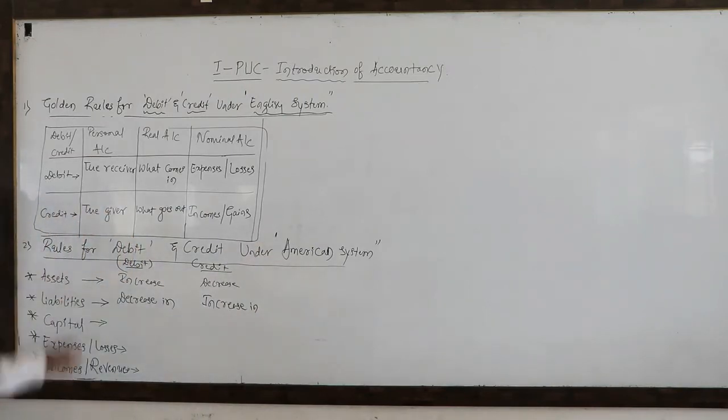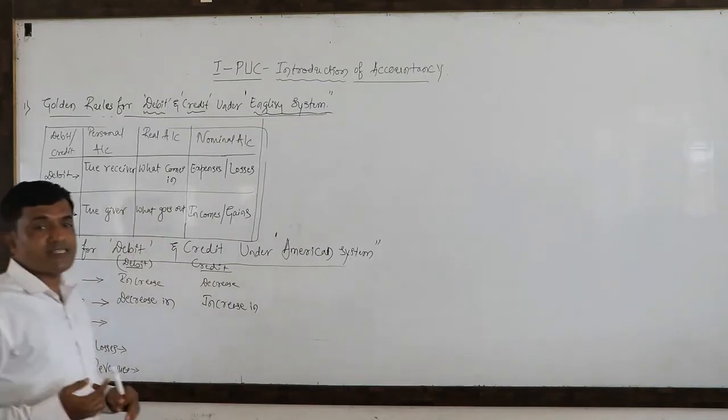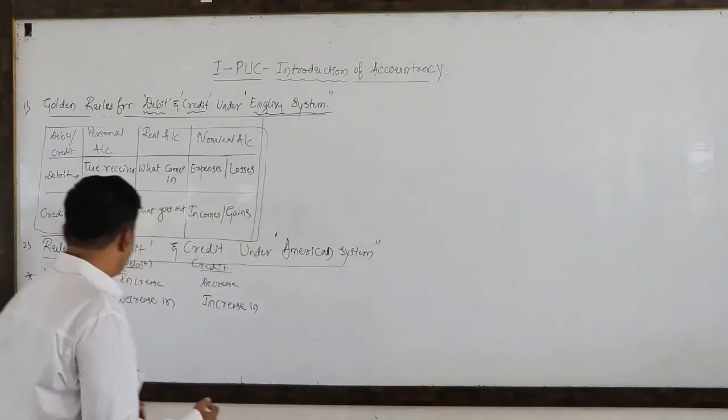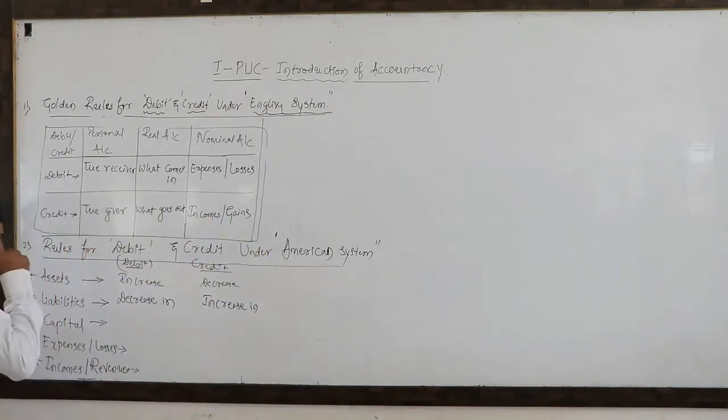Then the third aspect, that is the term capital. As we have seen in the earlier video, dear students, capital is the amount invested by the owner in an organization for its commencement. The amount invested by the owner is also an obligation, also a liability, also a responsibility of the organization.